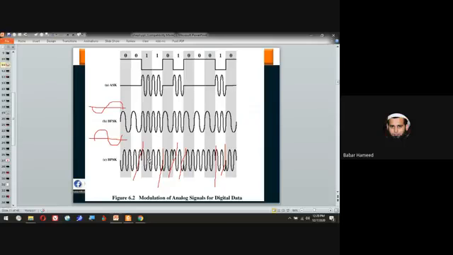I repeat, this discrete function takes on the value of +1 for 1 bit time if the corresponding bit in the bit stream is 1, and the value of -1 for 1 bit time if the corresponding bit in the bit stream is 0.